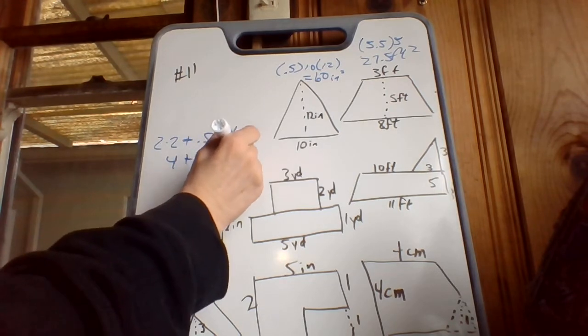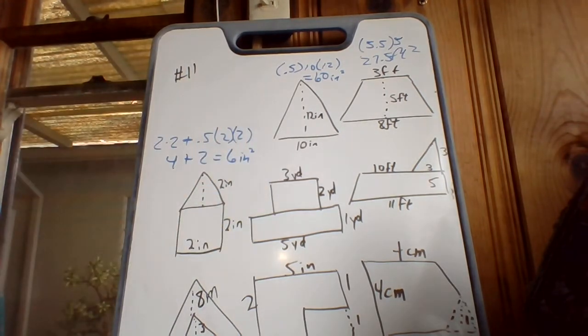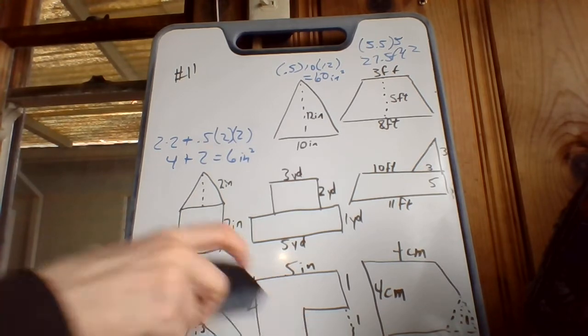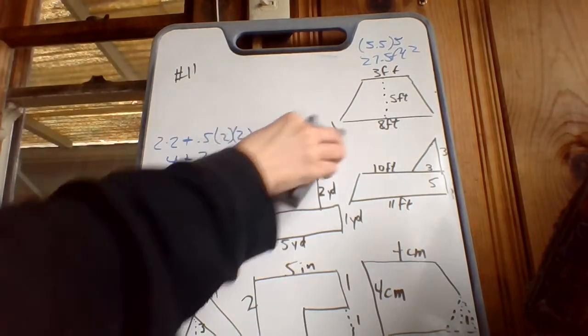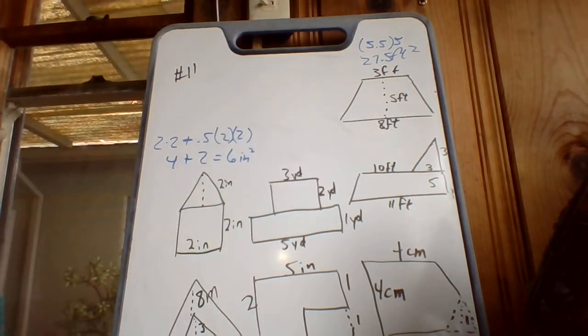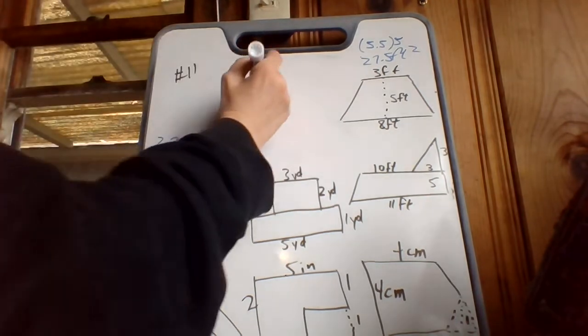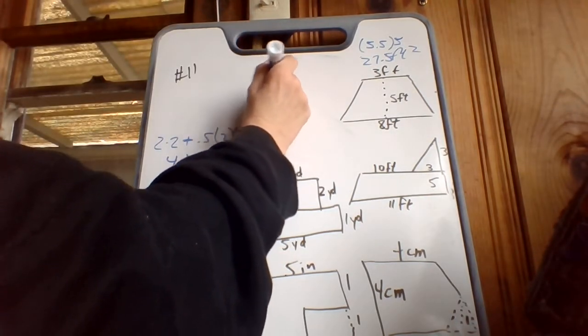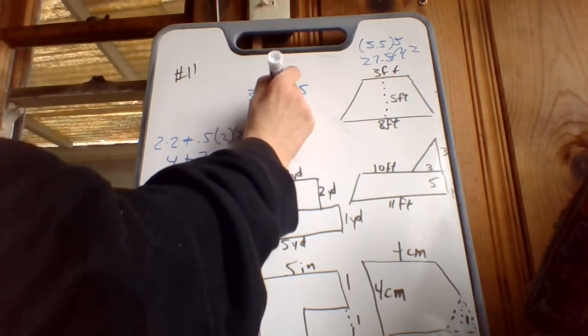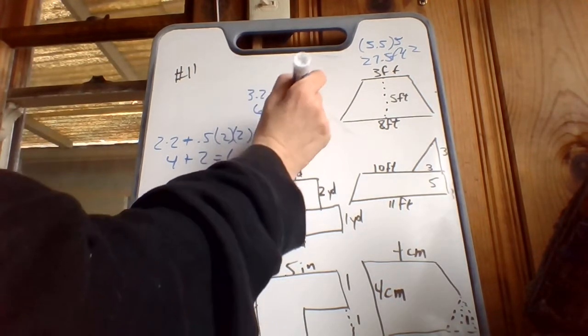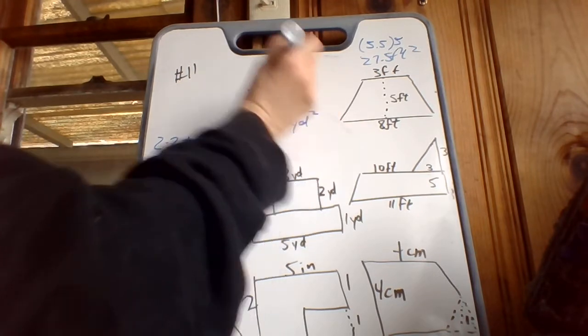So that's 6 inches squared. All right, and then this little house, a rectangle on top of another rectangle, is just add the 2 rectangles together. So I got a 3 by 2 and a 5 by 5. Okay, so 6 plus 25, 31 yards squared.